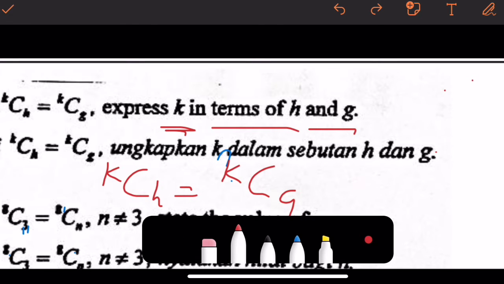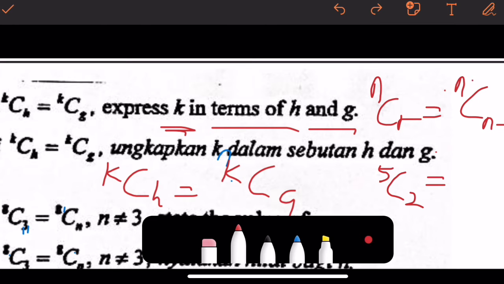We have one important formula whereby nCr equals nC(n minus r). For example, 5C2 is equal to 5C(5 minus 2), which is 5C3.